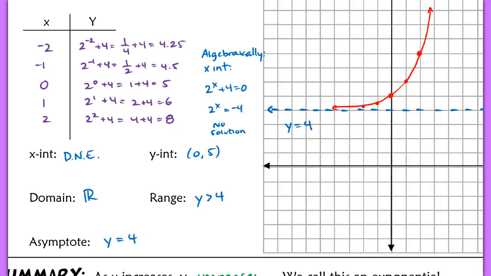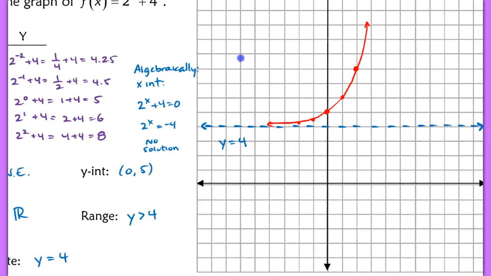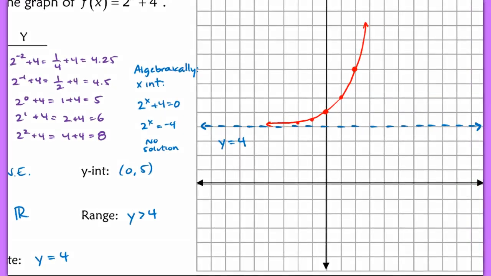Okay, so I kind of cheated a little bit. I'm using the key that I already made in order to show you what this graph looks like. But basically here are your plotted points for the -2 to 2, that standard table. And I want to show you how the new asymptote has actually just increased to y equals 4. It's moved up from y equals 0 to now being at y equals 4.